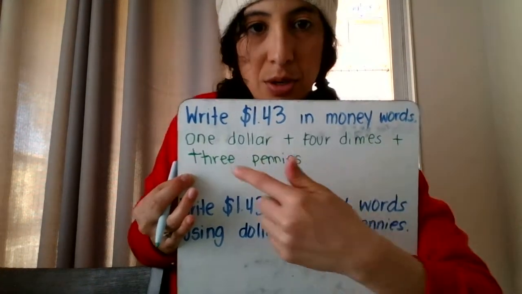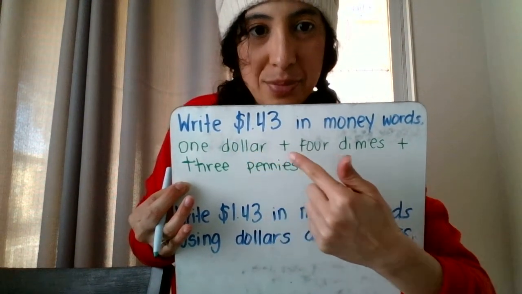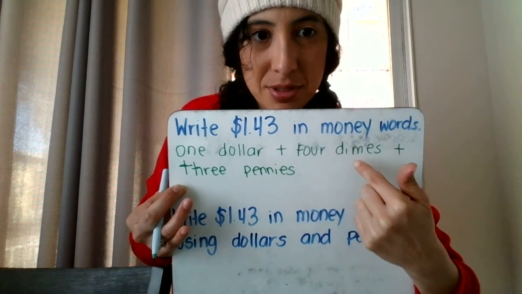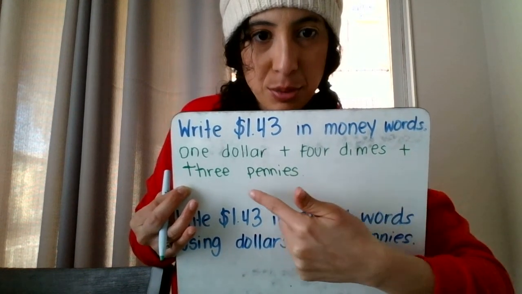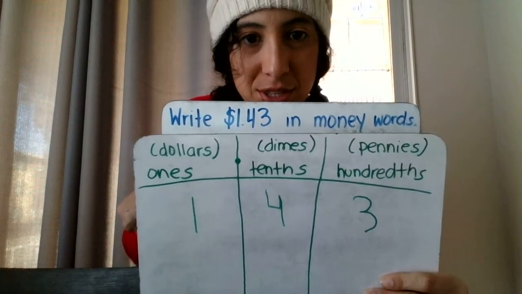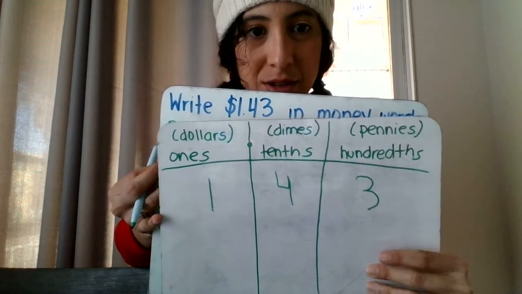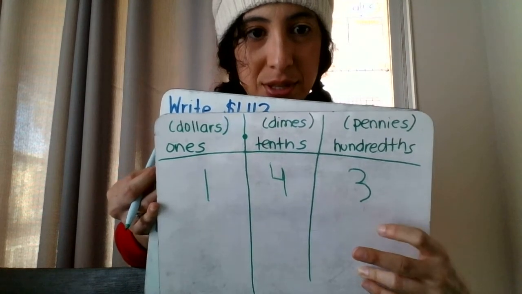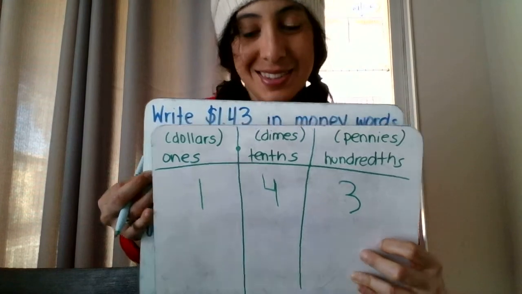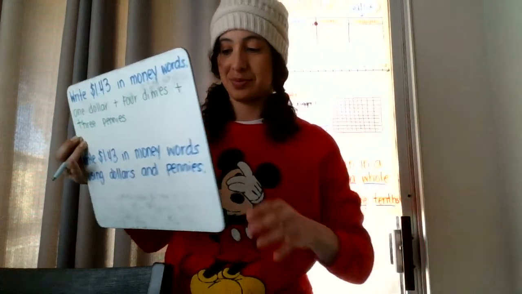Okay, you have $1 plus 4 dimes plus 3 pennies. Does that match this? $1, 4 dimes, and 3 pennies. Yes.